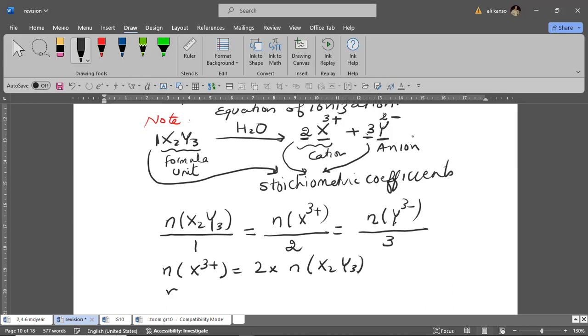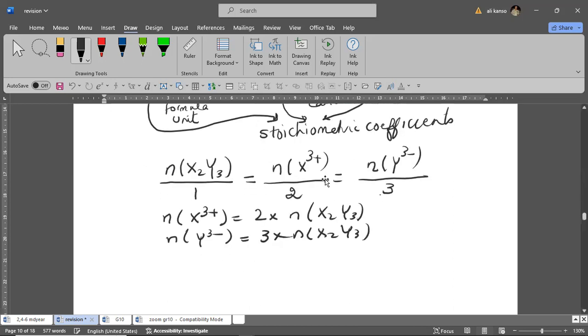If you have to find the number of moles of Y3 minus, it equals 3 times the number of moles of X2Y3. If you have to find a relation between the cation and anion, the number of moles of Y3 minus in terms of X3 plus, you multiply 3 times the number of moles of X3 plus divided by 2.